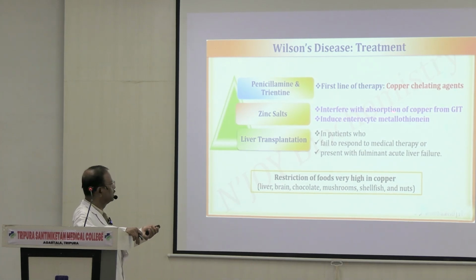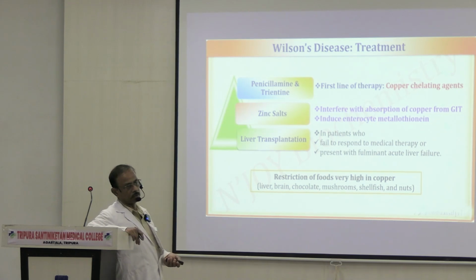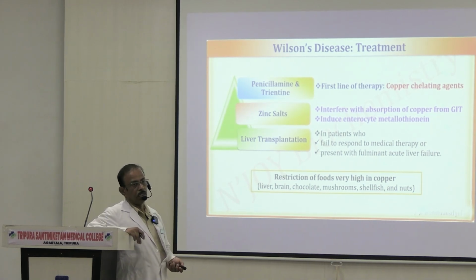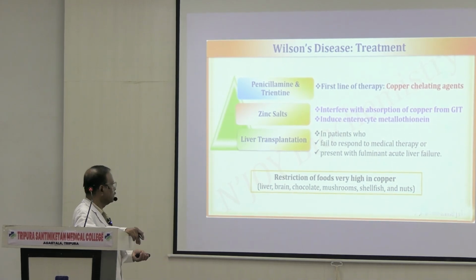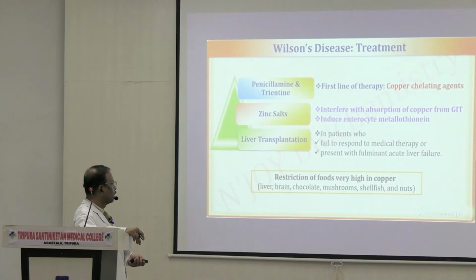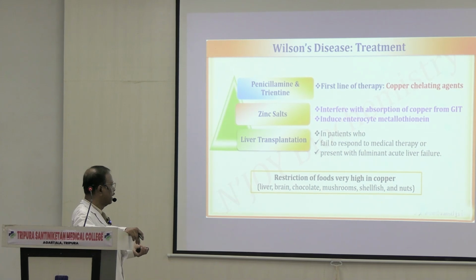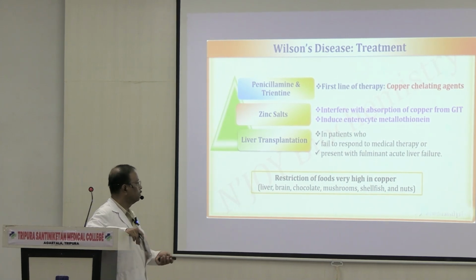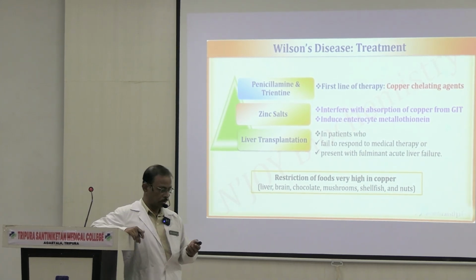When these fail, liver transplantation may be thought of. In diet, there should be restriction of foods containing high copper like liver, brain, chocolates, mushroom, shellfish, nuts.